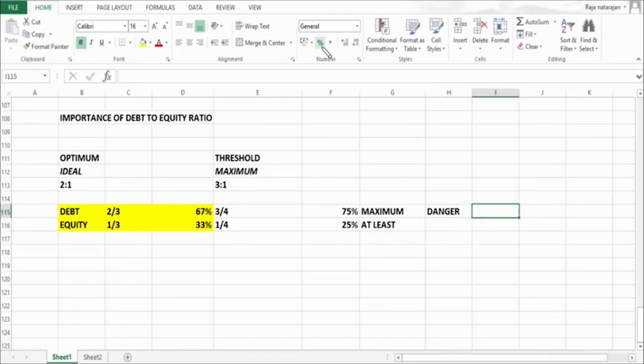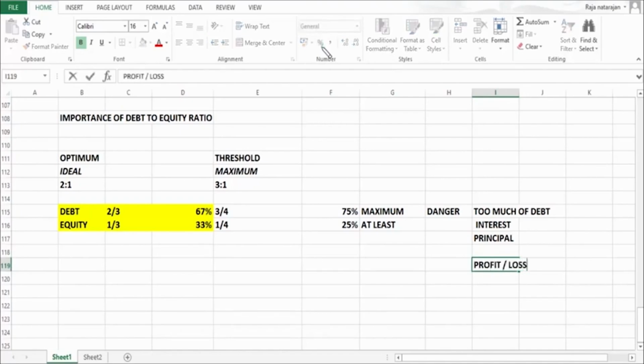Anything greater than 75% means it is too much of debt. And what is the problem with too much of debt? You got to pay interest, you got to pay principal. That is associated with every debt, but you got to pay irrespective of what is happening in your business, whether you make profit or suffer loss.